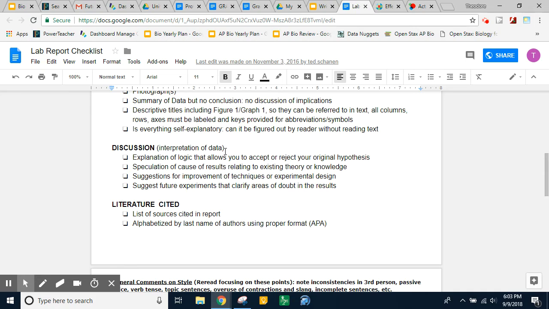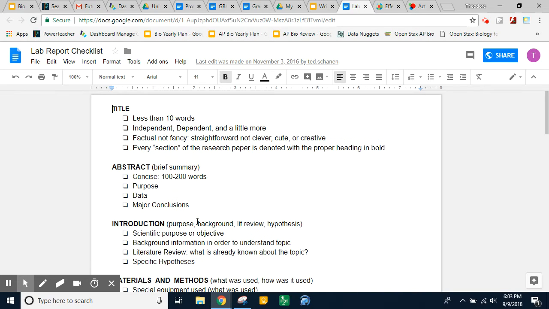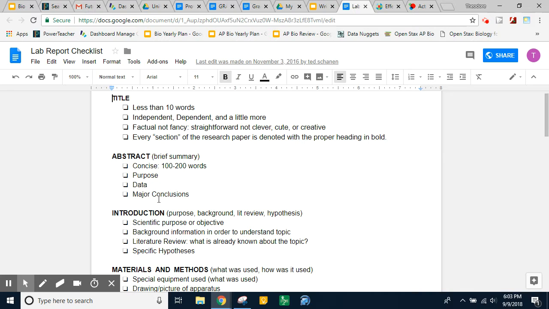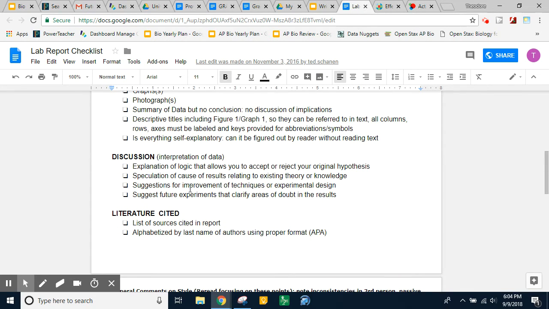And then you get into the discussion, because a scientist's job is not just to collect data, but then to try and make conclusions from that data. Although, like we said in the abstract, the major conclusions are one sentence, in this discussion they back up a lot of this interpretation of the data. Do you accept or reject your original hypothesis?